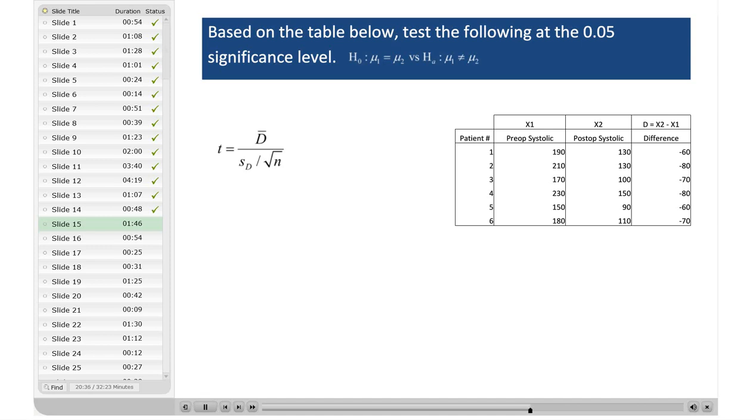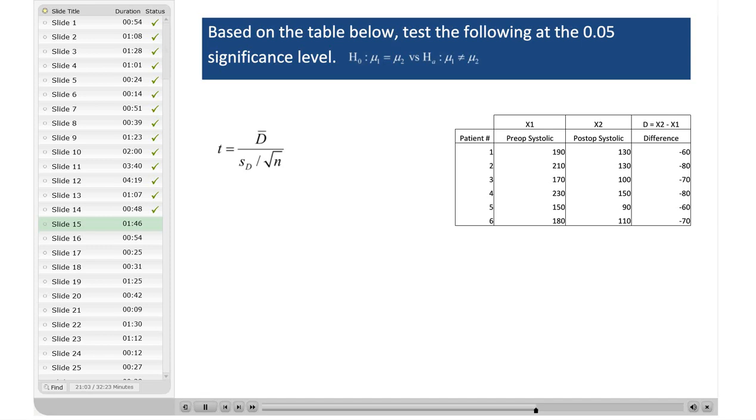Now, I can say a little bit about where this formula comes from. By taking the difference between the first two columns, we've basically converted a two-sample problem into a one-sample problem. And we're just using the techniques from the previous chapters in order to perform the hypothesis test at this point. Now, the null hypothesis says that mu1 is equal to mu2. Well, that's the same thing as saying mu2 minus mu1 is 0.